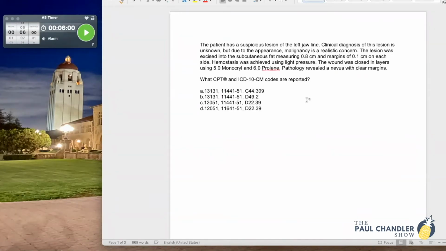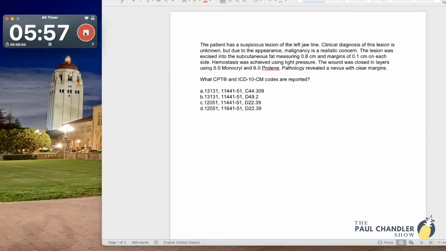I'm going to keep going until I finish all 3. After that, I'll stop the timer and see how I did, and hopefully I did less than 2 minutes per question. If you would like to also follow along, here we go.